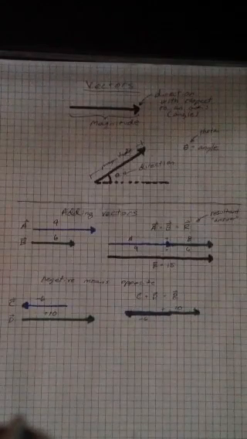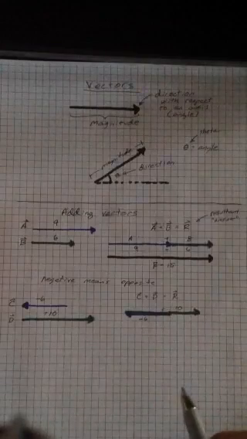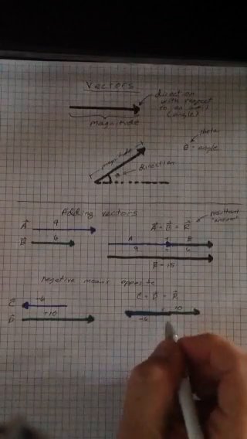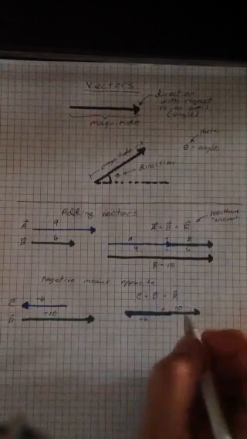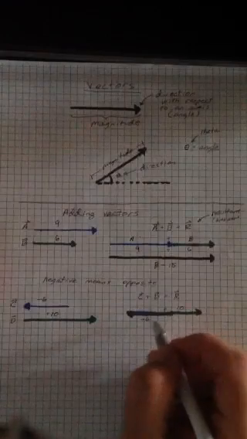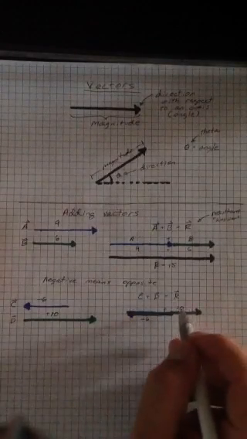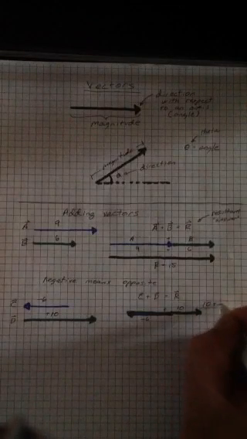That means negative 6 plus 10. I'm still adding. So what we tend to do is say that we have 10 minus 6, or plus negative 6. We can rewrite this as 10 plus negative 6, and that's saying the exact same thing.